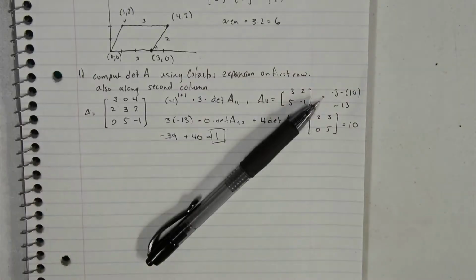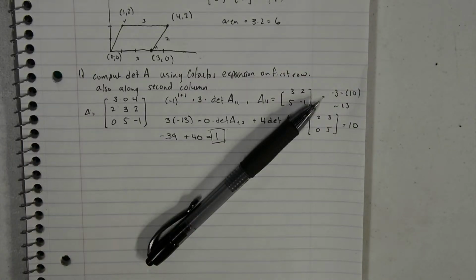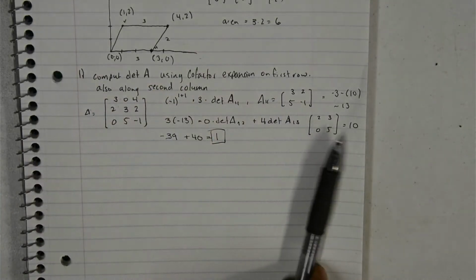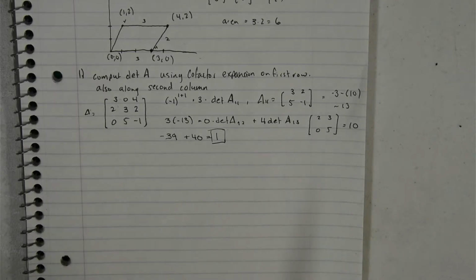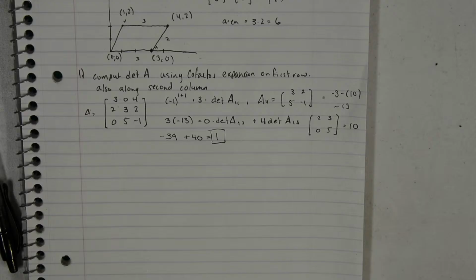Okay, I'm going to double check that. Okay, so does that make sense that we had a 0 here so we could save a little bit of time? So we only really had to take 2 by 2 determinants. Pretty good. All right. And I am correct. Okay, so we got the right answer for number 1.